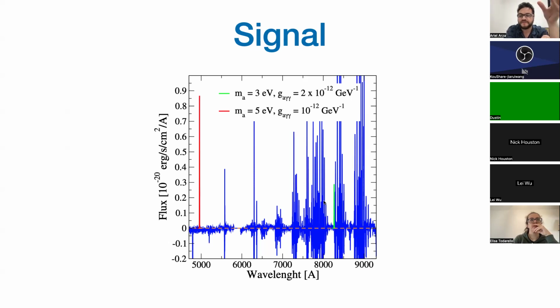The ratio between the new photons and the old photons, is it always similar, or does it change?